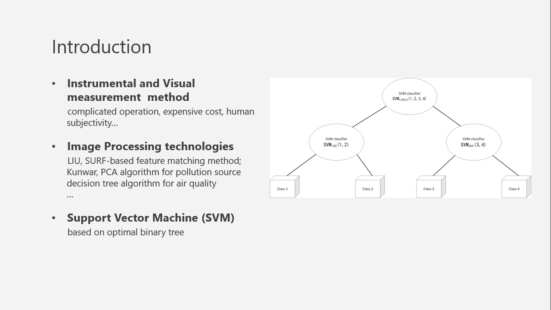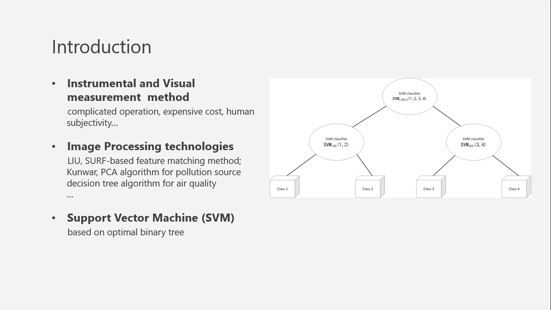This process keeps going until the entire set of individual categories is finished, so that a multi-classifier can be constructed to achieve multi-classification. SVM uses a certain combination scheme.